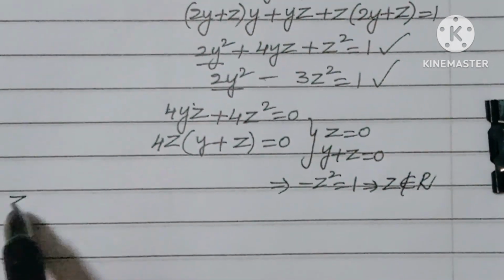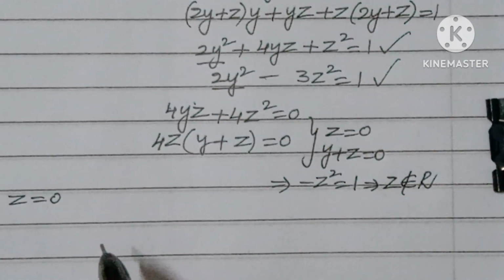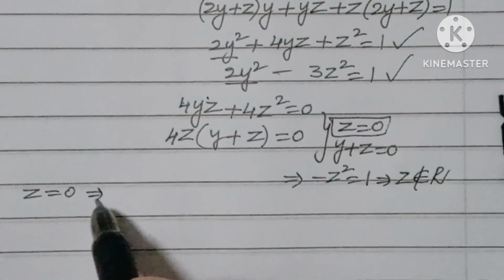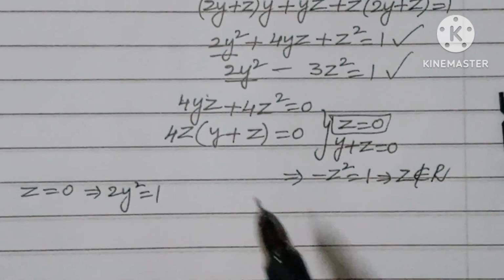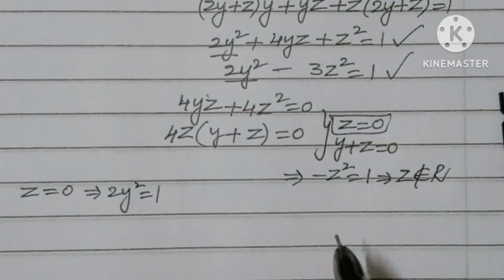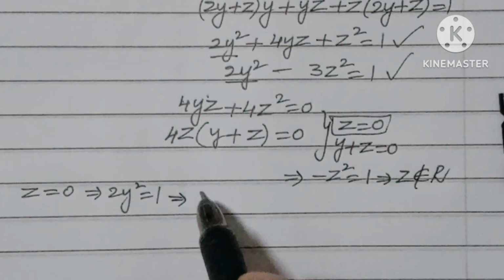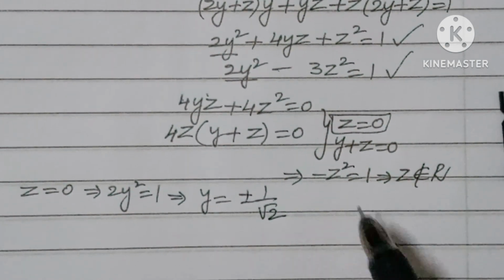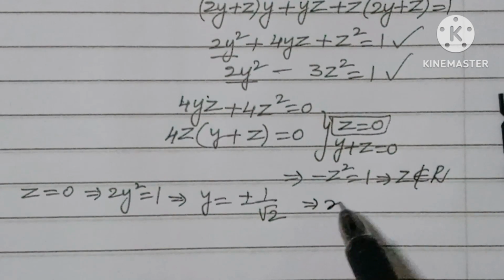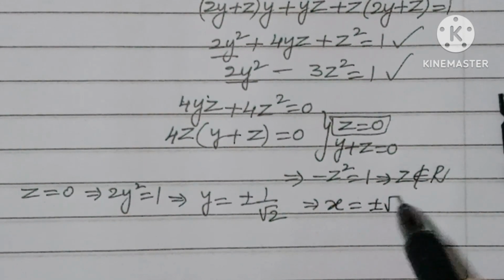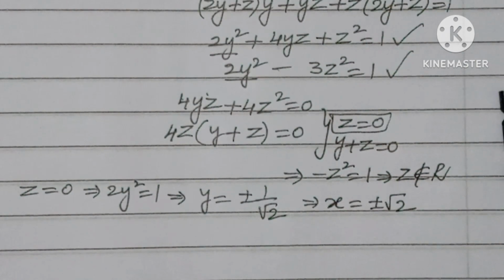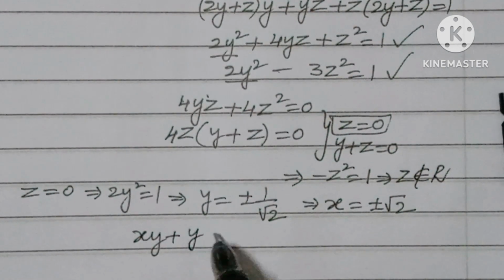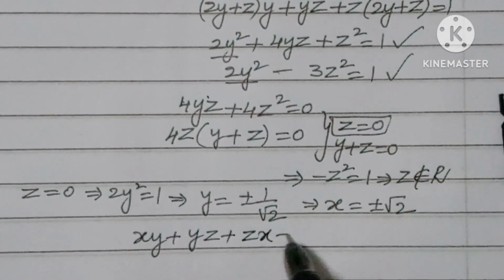Now if we take the first case, z equal to 0. If you take it here, what will we get? 2y square is equal to 1. In the second one, if you replace, that implies y is equal to plus or minus 1 by root 2. That implies x is equal to plus or minus root 2. So xy plus yz plus zx is equal to positive.